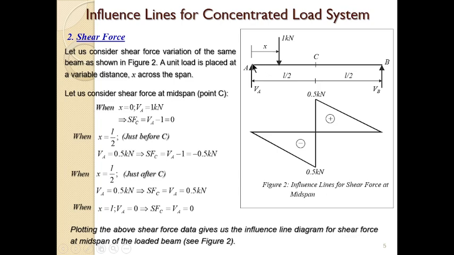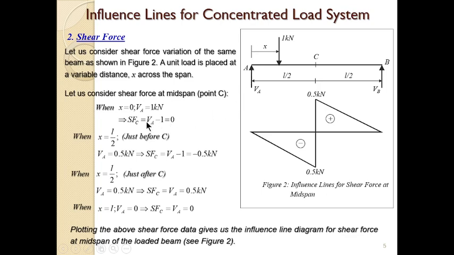If the 1 kilonewton load is here, there will be two loads on the left of C. We are using the left-hand side now, which will be VA and the 1 kilonewton load. The 1 kilonewton load is directly on top of VA, such that the shear force there will be VA, which is going up, positive, and the value of VA is 1, minus the 1 kilonewton load, which is coming down, negative.